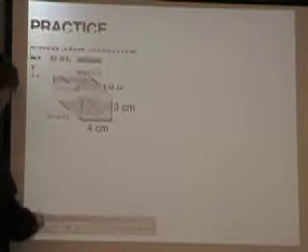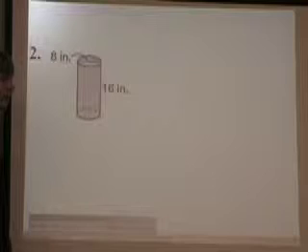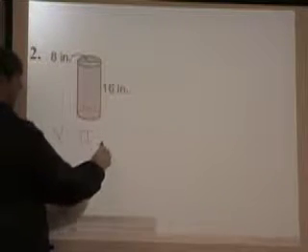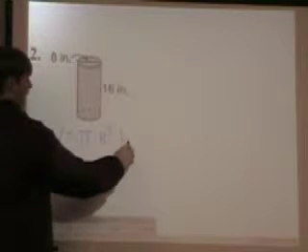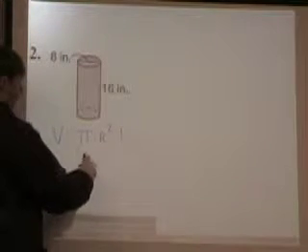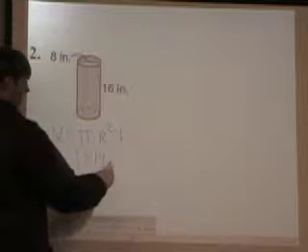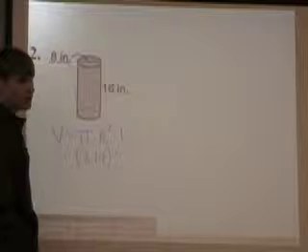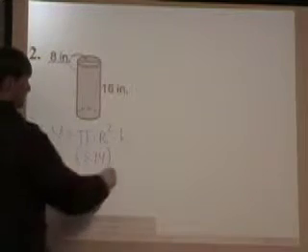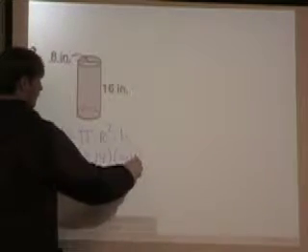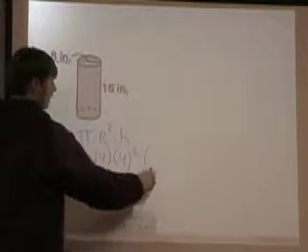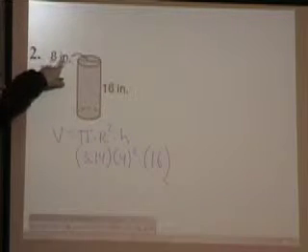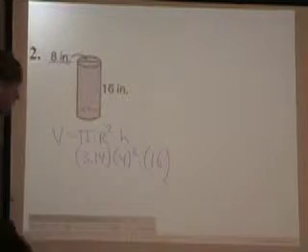Alright, let's look at another example. This one's going to be a cylinder. Now we know the formula is volume equals pi times r squared times the height. Okay, pi is 3.14, times the radius, which now it tells us the diameter is 8, so what's the radius? 4. So we've got times 4 squared times the height, which is 16. Now you need to be careful because on this you might have just said 8 squared, but that's the diameter, not the radius.